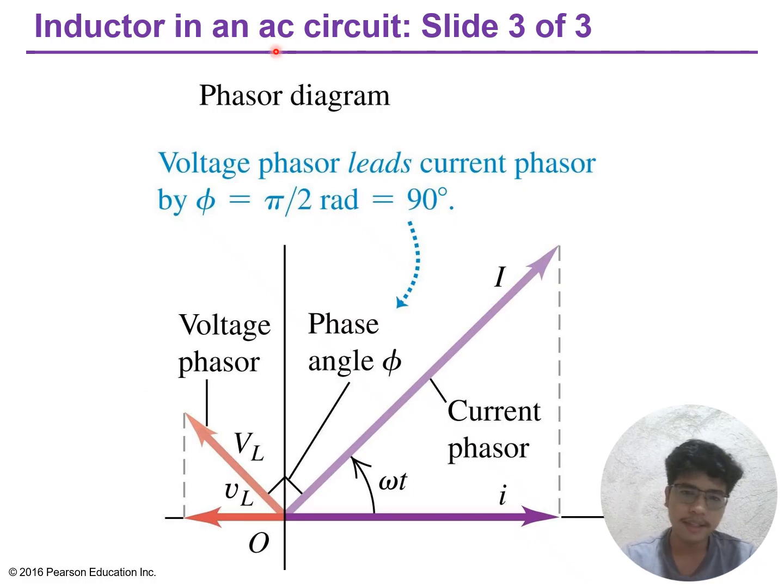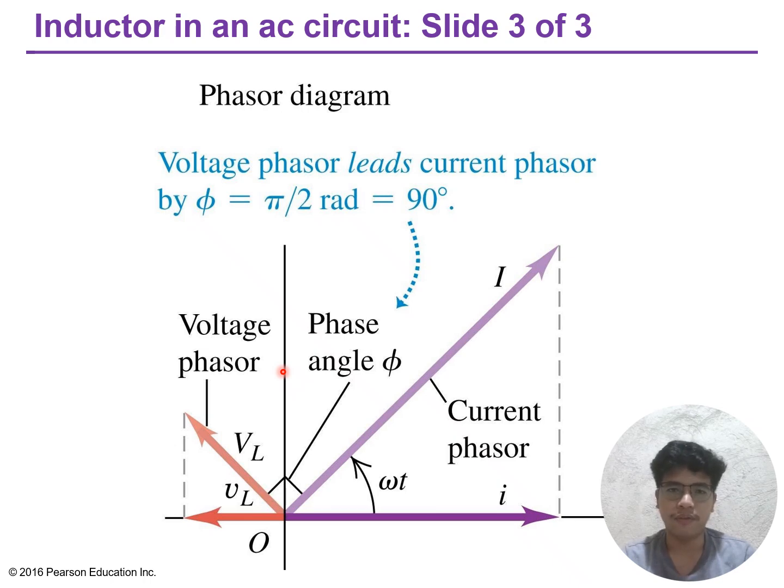So this next slide displays the voltage and current waveforms for an inductor, showing the 90 degree phase separation in the time domain. The time domain waveforms displayed on this slide make visually apparent the 90-degree phase shift between the voltage and the current in an inductive circuit.